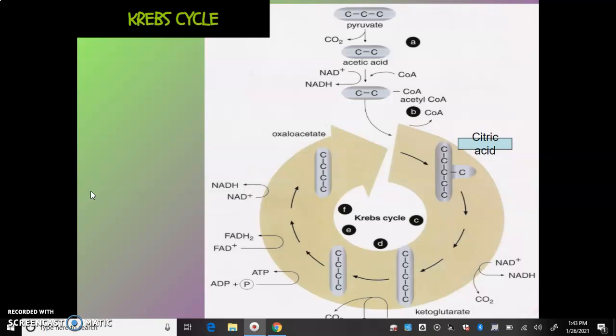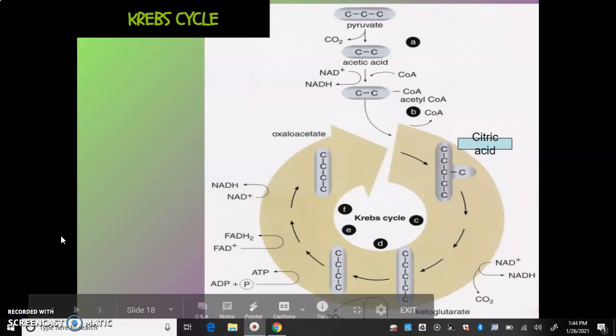So as of right now, we've produced a net of 2 ATP from glycolysis and 2 ATPs from the Krebs cycle. So that's only 4 ATP molecules. The ETC, or electron transport chain, is going to produce a large amount of ATP, much more than these 2 steps before it. And again, this is aerobic respiration. You must have oxygen in the cells in order to go through the citric acid cycle or Krebs cycle or the electron transport chain.